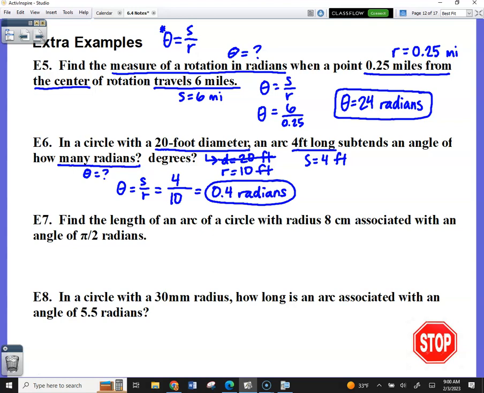Get 0.4 radians. Okay, refresher from yesterday.